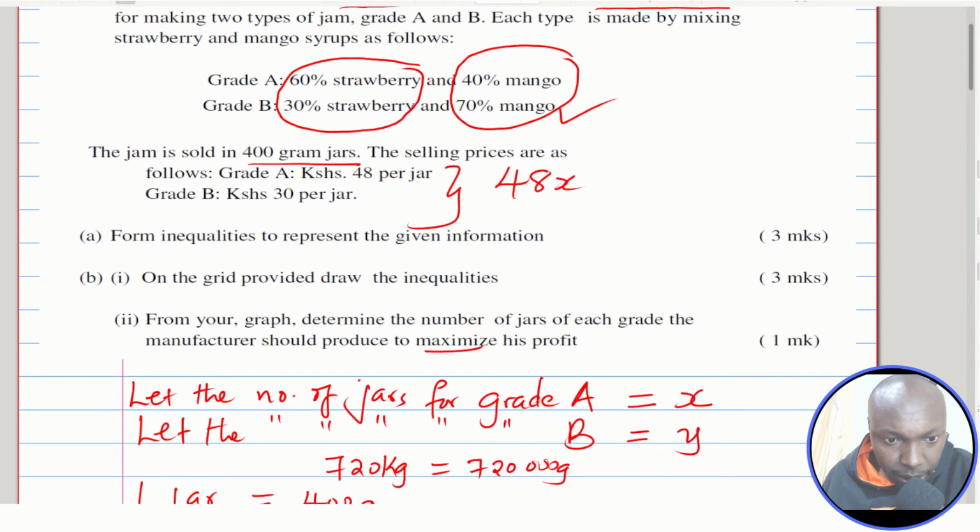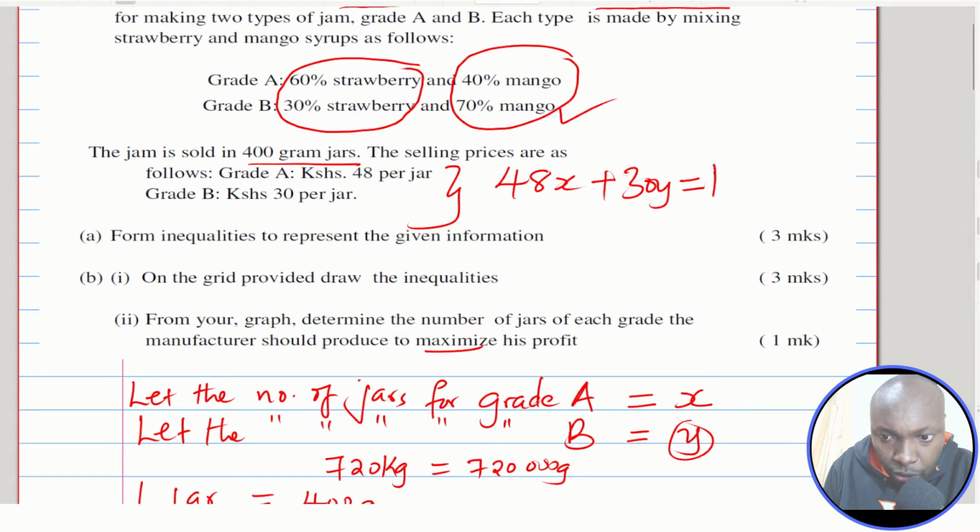That will represent the total amount of money obtained by selling all the jars for grade A. Then for grade B, one jar should go for 30 shillings. We have y jars, so that will give 30y.